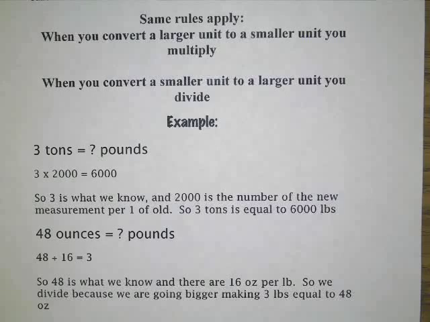So what are we dividing? 48. 48 divided by 16, or 16 into 48 would be our wording on that. Right? 48 is what we know. We know that 16 is a constant for ounces to pounds, so we divide and we come up with 3. So that means 48 ounces is equal to 3 pounds.